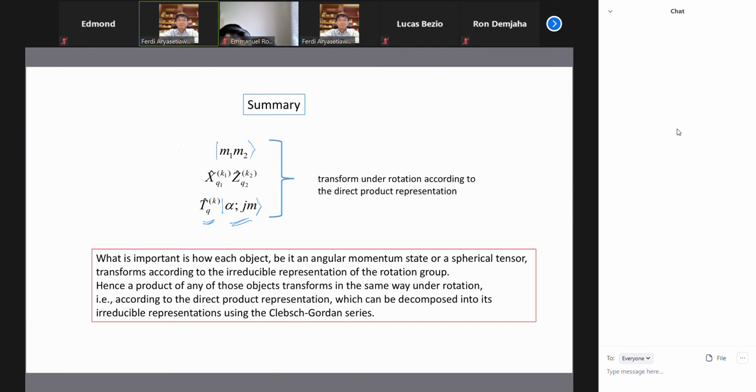So what's important is not what the objects are, but rather how the object transforms under rotation.